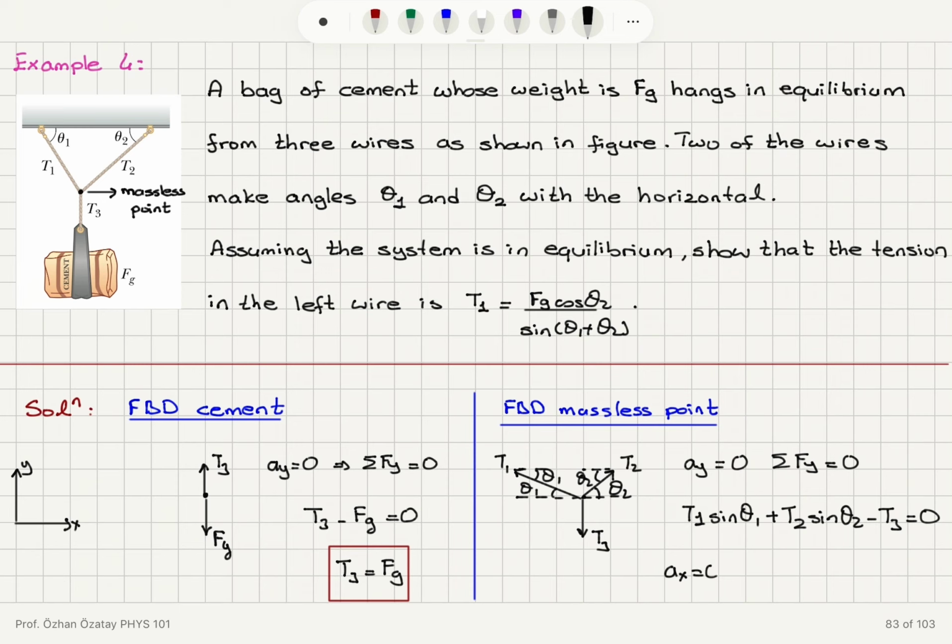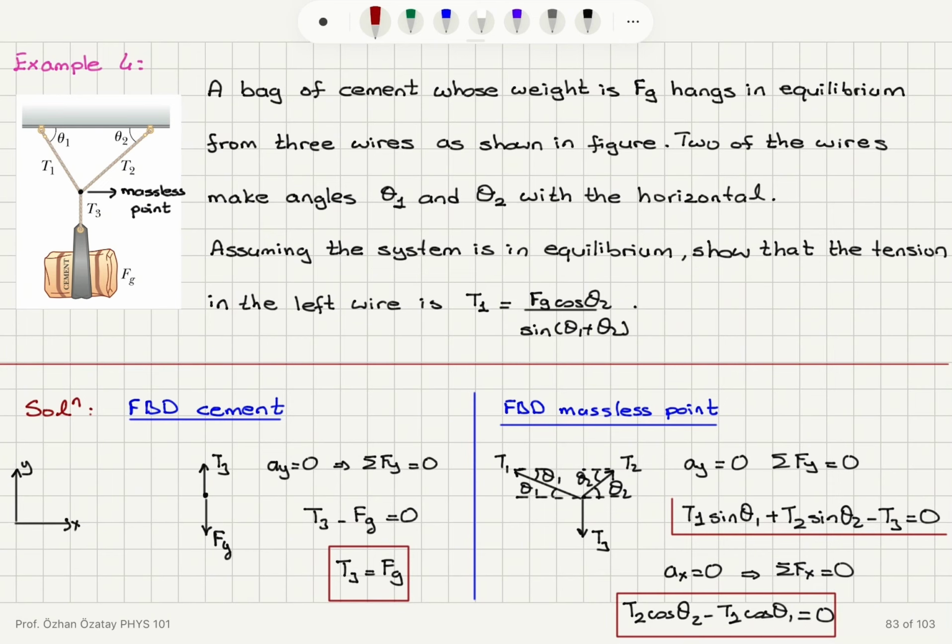Acceleration on the x-axis is also 0 because it's not moving. The net force on the x-axis is 0, so we can write T2 cosine theta 2, that is in plus i hat direction, minus T1 cosine theta 1 in minus i hat direction, must be equal to 0. So I have this equation between the tensions, and this equation between the tensions as well.